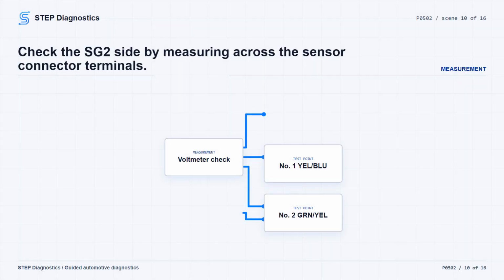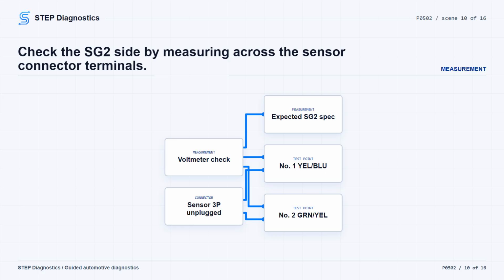If the VCC2 feed was about 5V at the sensor connector, check the SG2 side next. With the ignition on and the CVT speed sensor connector disconnected, measure between CVT speed sensor connector No. 1 YEL/BLU and connector No. 2 GRN/YEL.